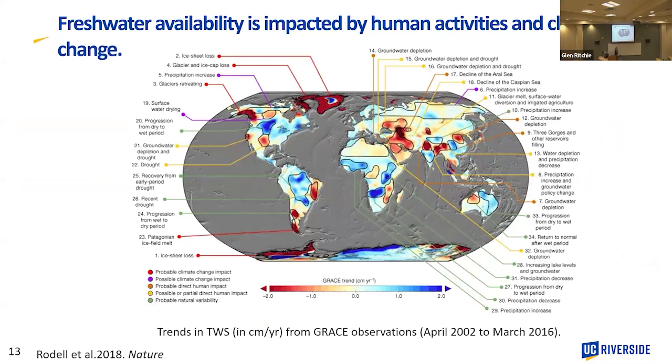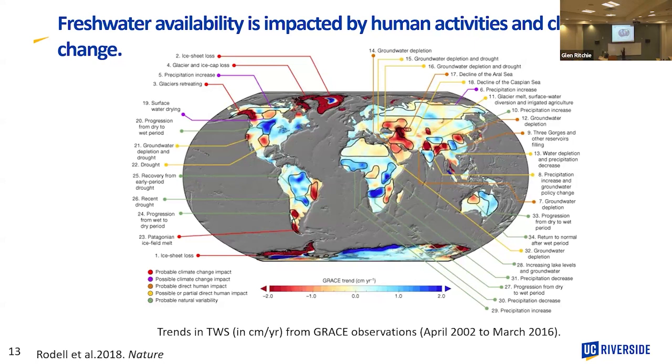So I blamed humans as the major factor depleting our aquifers. But of course, as you know, our climate system is also changing. There was a paper published in 2018 using GRACE satellite data, looking at the trends in terrestrial water storage, which means the total amount of snow, soil moisture, and groundwater.